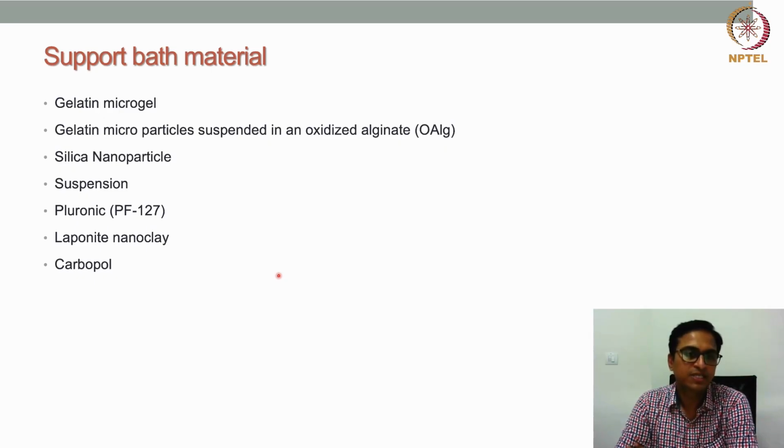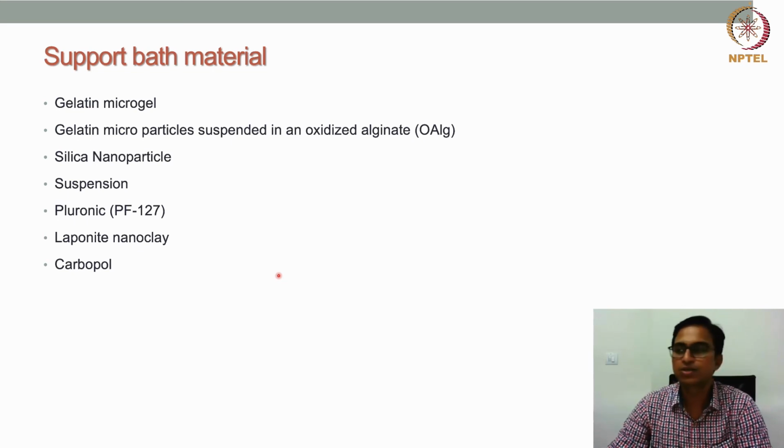3D bioprinting in support bath material, which people have started using for different applications in different fields, with 3D complex geometry. People have tried printing, for example, the vascular network. The vascular network is a very complex structure, right?